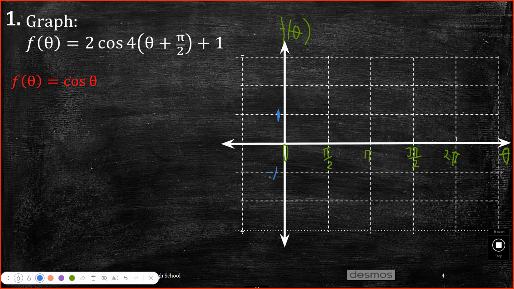So cosine theta looks like what? Bird. Whatever, it looks like a bird. People say it looks like, what does it look like?